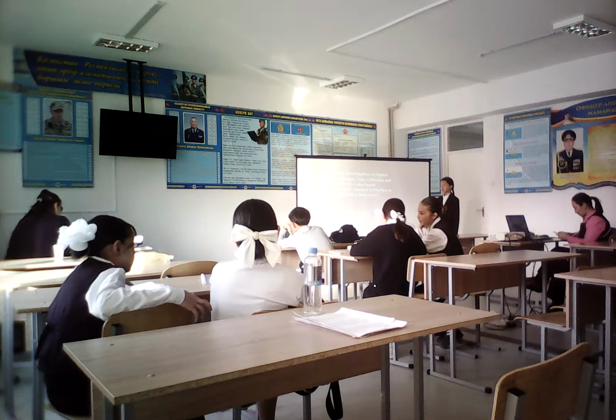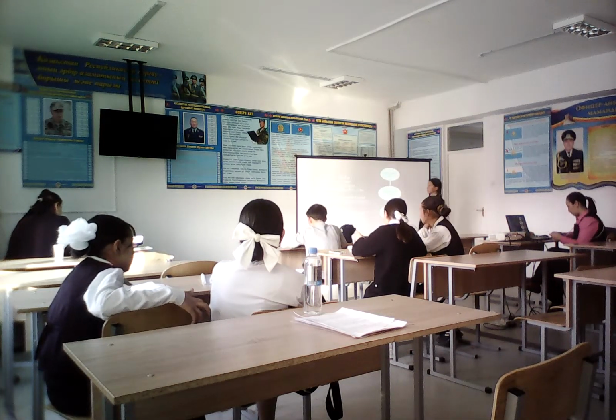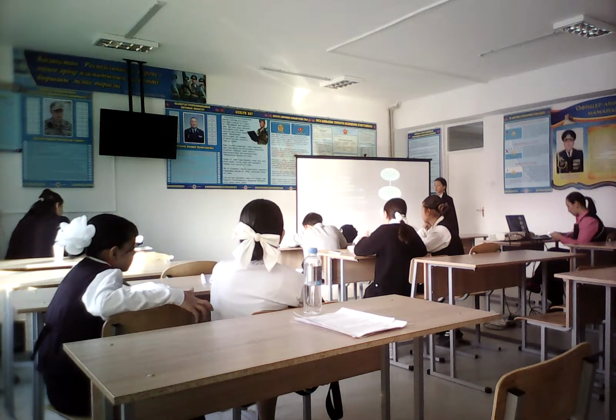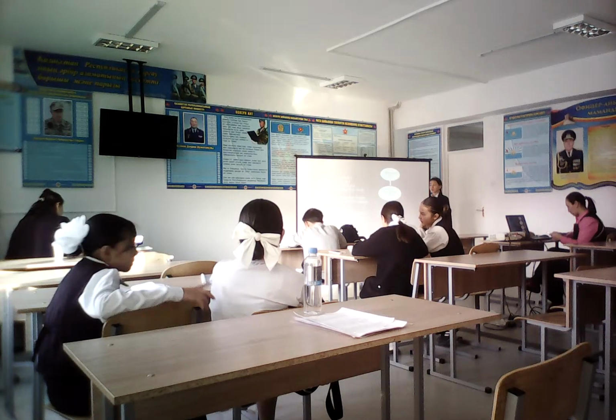My research work consists of two parts, theoretical and practical. In the theoretical part, we studied what a digital footprint is, how it is created, and why it is important in the 21st century.